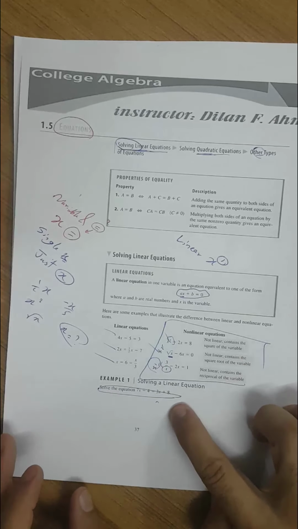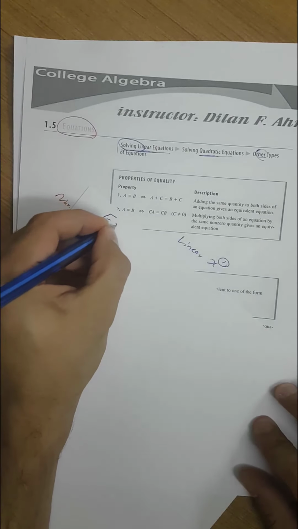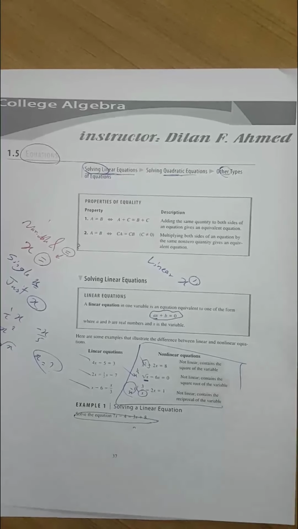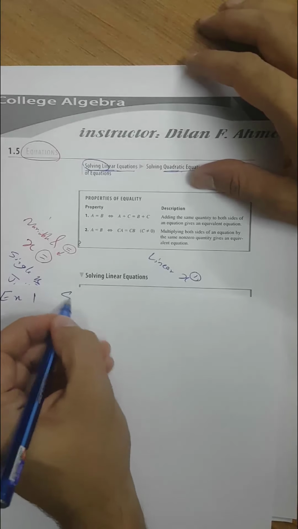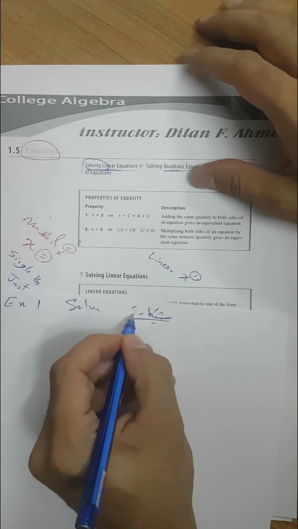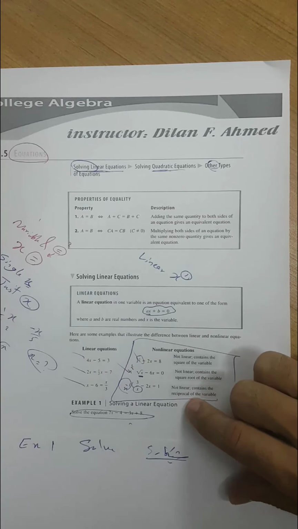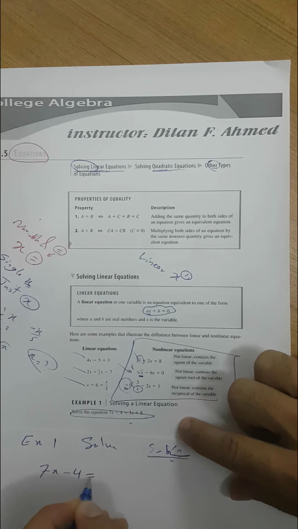For example, if we want to solve example 1, on page 37, it says solve the linear equation: solve the equation 7x minus 4 is equal to 3x plus 8.